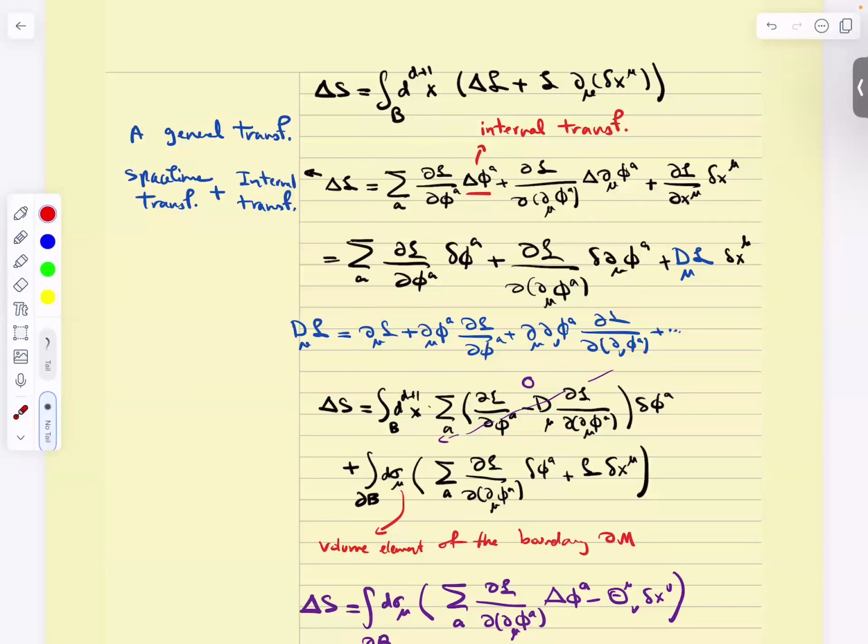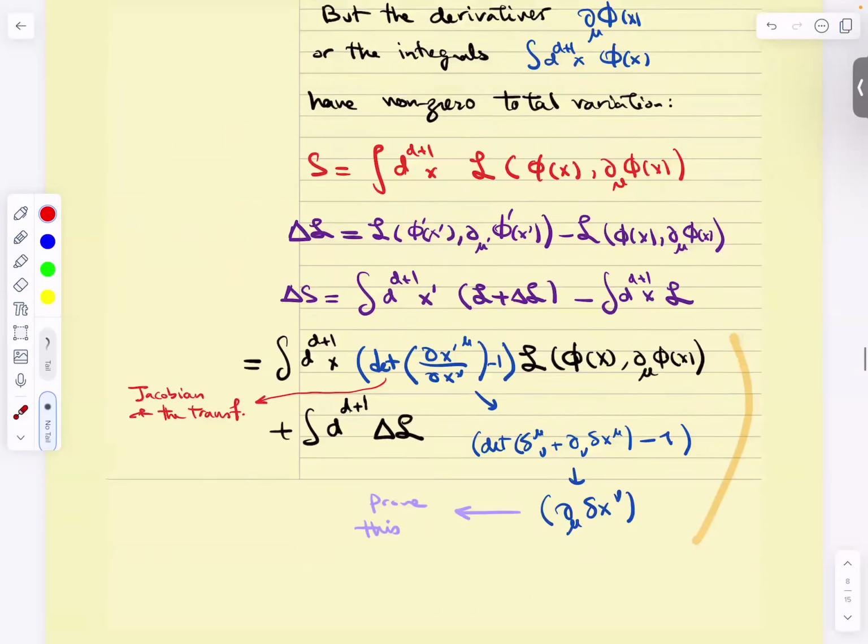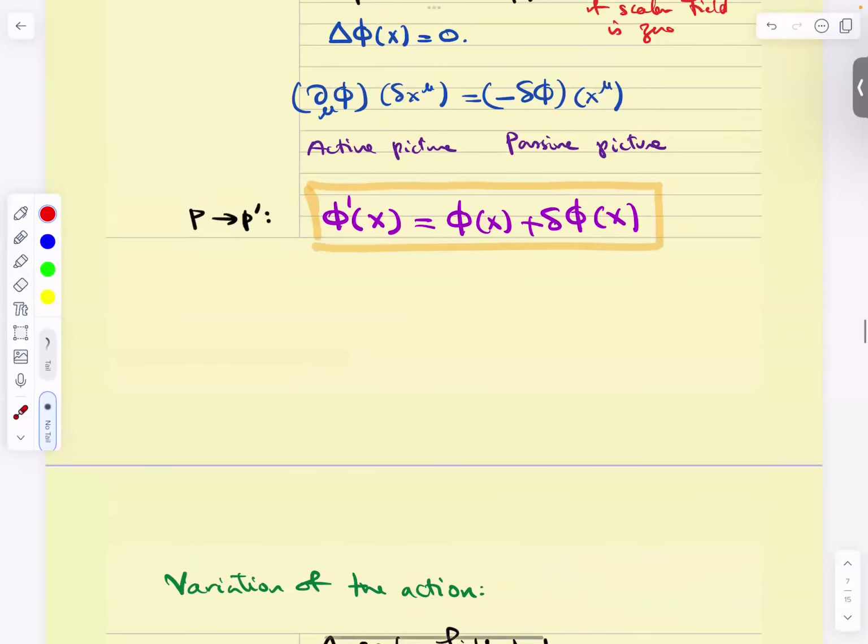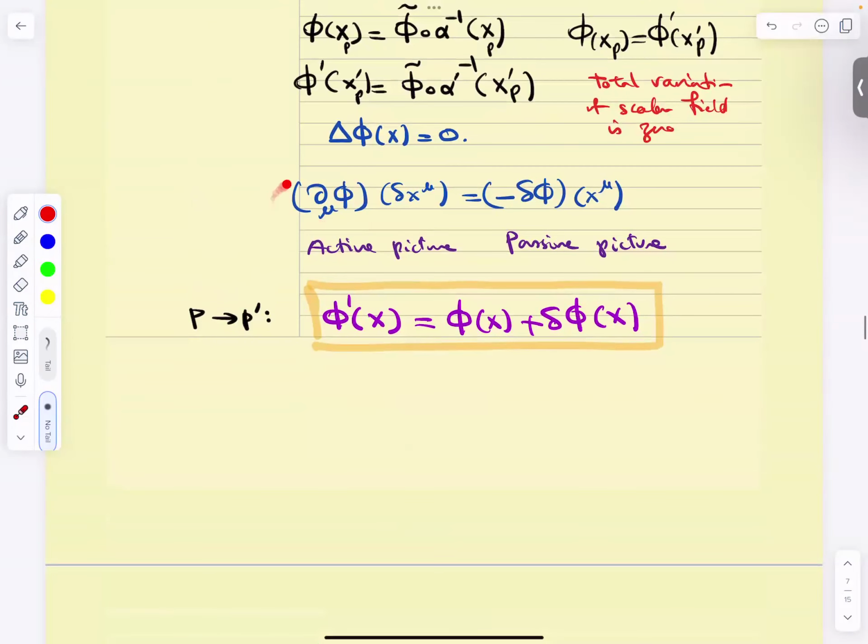And then the total variation of this guy. And it's possible that this Lagrangian density has explicit x mu dependence as well. That's not common, but that's also a possibility. Good. So each of these transformations is a combination of space-time and internal transformations that we had this relation for. We had this relation, right?